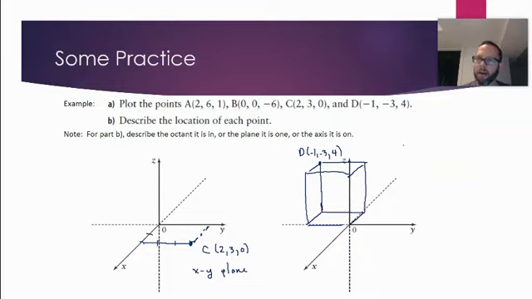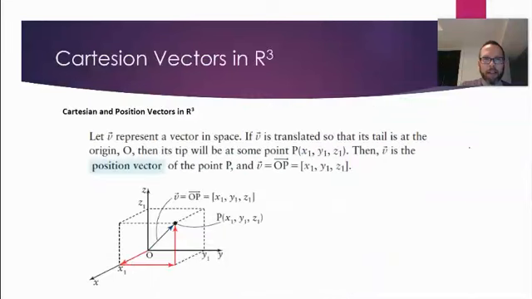I went back in the negative x direction, then I went to the left, and I went above the XY plane. Again, just do your best. If you can figure out the octant by just looking at the signs, you're fine. All right, so hopefully now you're a little bit more comfortable with 3-space or R3.